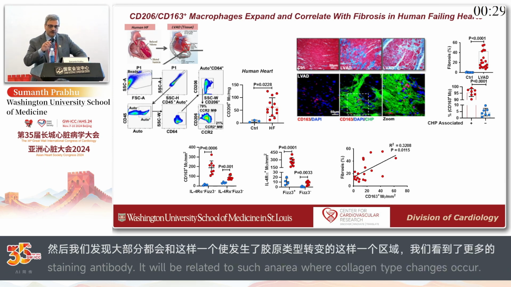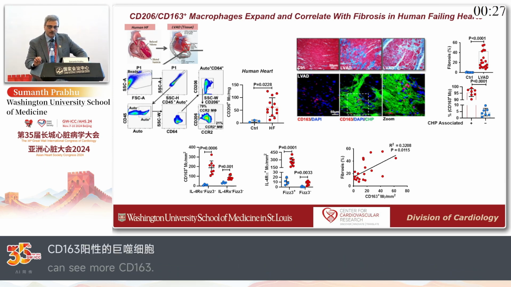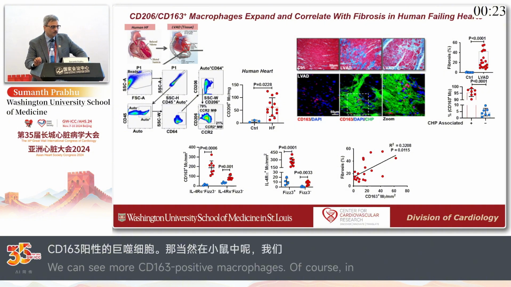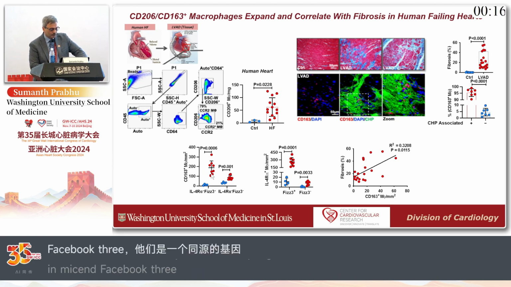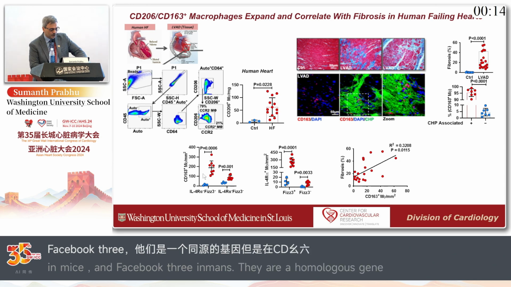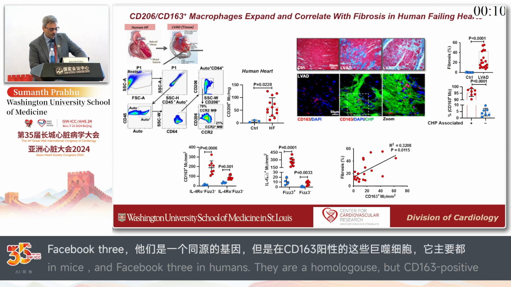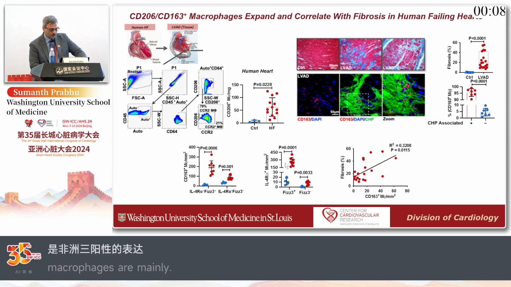And much like in mice, the human analog of FISI1 is FISI3, which is also resistin. Resistin has prognostic importance in human heart failure. But the CD163 positive macrophages are primarily FISI3 positive. And most of the IL-4 receptor alpha positive cells are FISI3 positive.